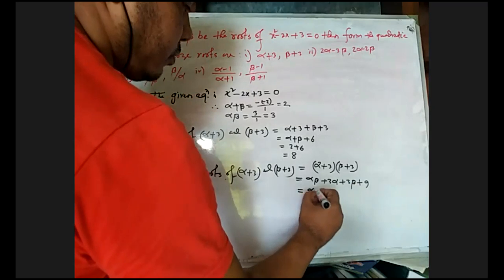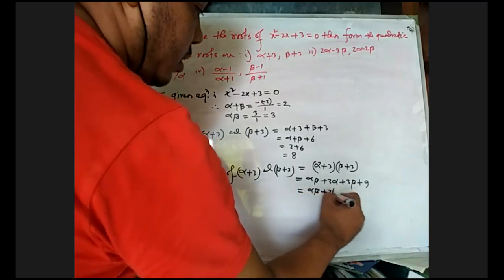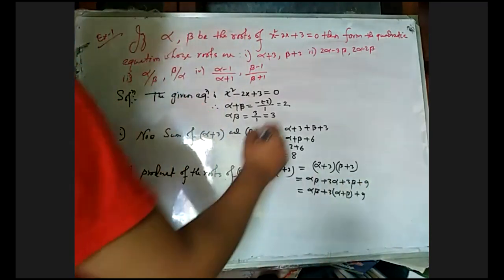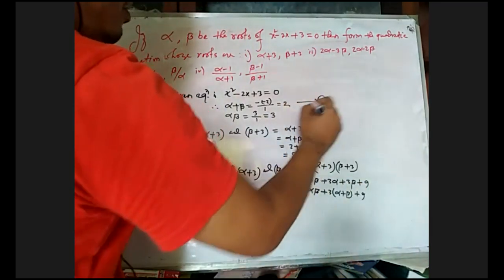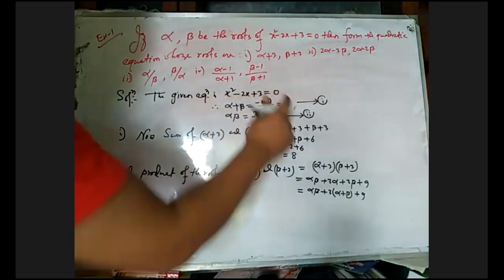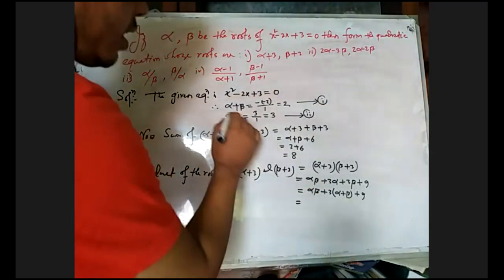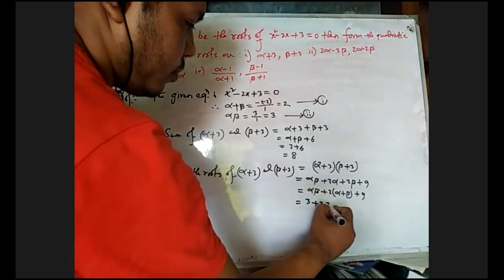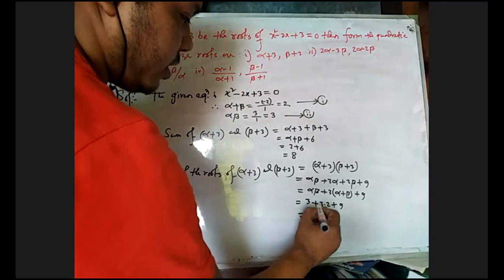So alpha beta plus 3 into alpha plus beta plus 9. So this is equation number 1 and this is equation number 2. From equation 1, alpha plus beta equals 2, and alpha into beta is 3. Just putting the values into it: 3 plus 6 plus 9.